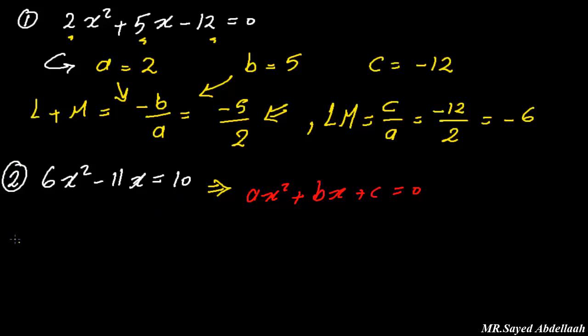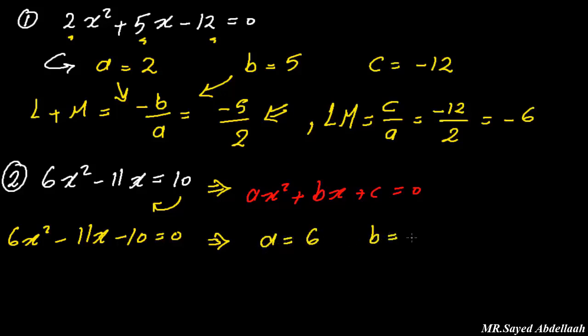Then 6x² − 11x − 10 equals 10 minus 10 equals 0, or transfer 10 to the other side with the opposite sign. Now a is 6, b is negative 11, and c is equal to negative 10.